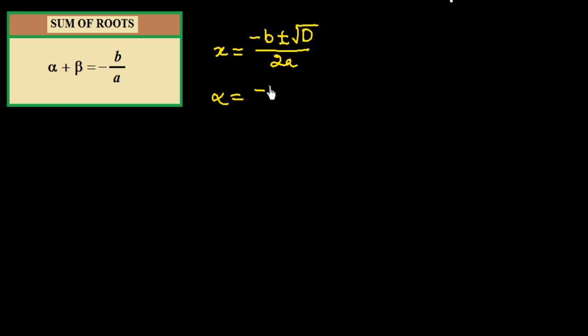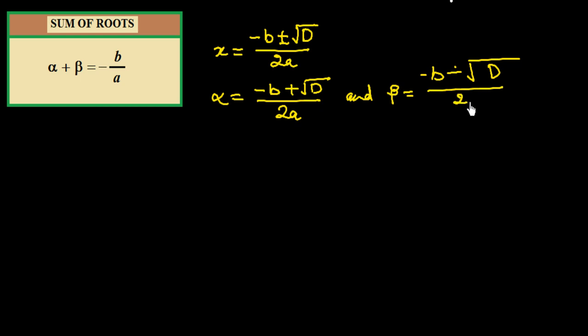Alpha is equal to minus b plus square root of D over 2a. And if we take the negative sign here, we get beta. So beta is equal to minus b minus root D over 2a.